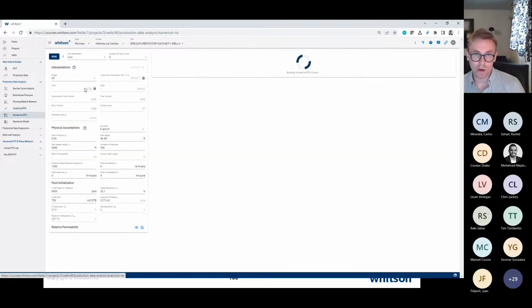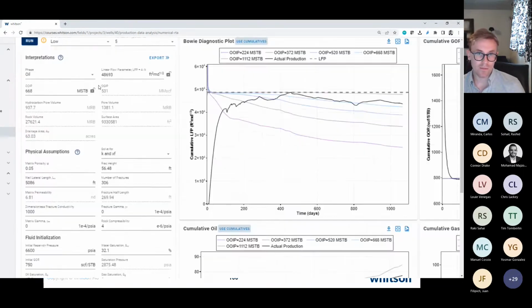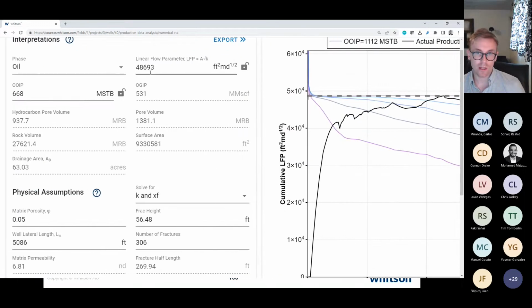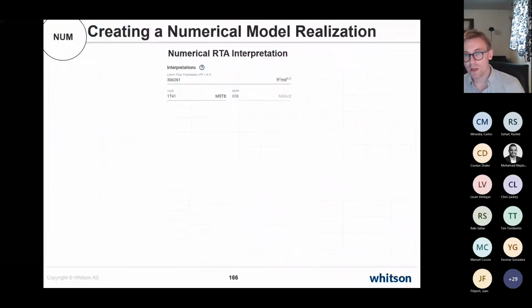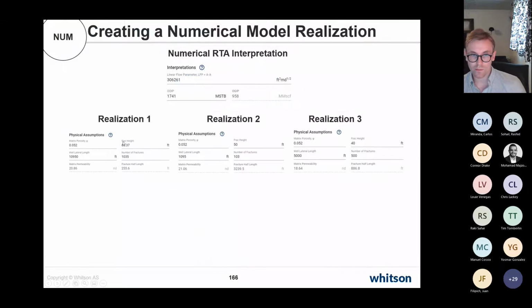So if you're in the numerical RTA workflow right here, the interpretations that you're doing are the LFP and oil in place guys up here to the left. But we can have different realizations based on what we assume in terms of number of fractures, maybe frac height, and also well lateral length. Okay, so all of these realizations are different.